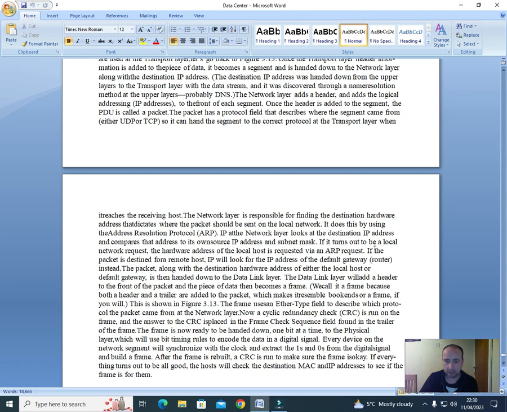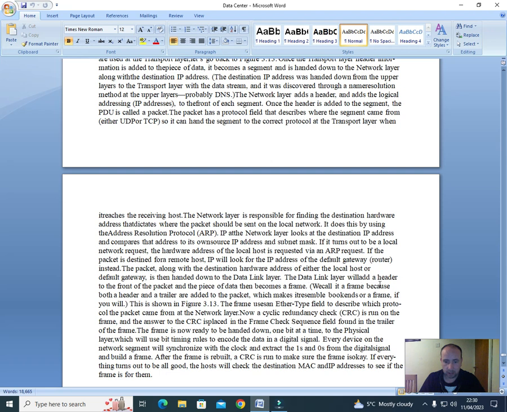If it turns out to be a local network request, the hardware address of the local host is requested via an ARP request. If the packet is destined for a remote host, IP will look for the IP address of the default gateway router instead. The packet, along with the destination hardware address of either the local host or default gateway, is then handed down to the data link layer.